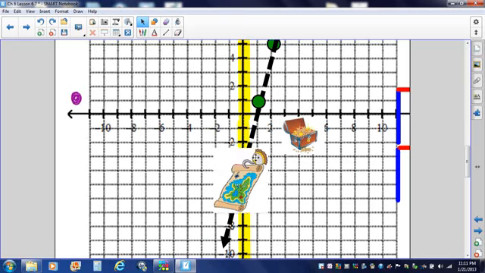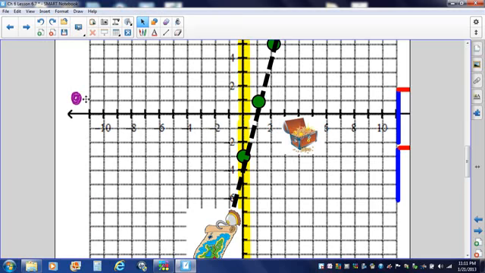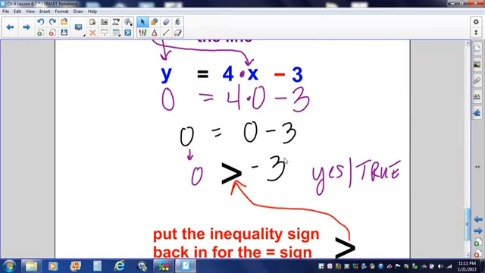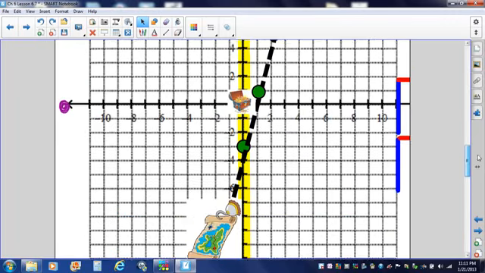You take your handy dandy treasure map and you say, I think the treasure is at the ordered pair 0, 0. When we put 0 in for y and 0 for x, we got 0 is greater than -3. Yes, it's true. You did find the treasure.